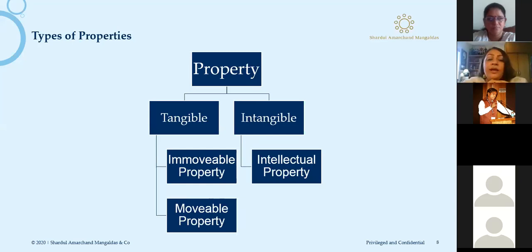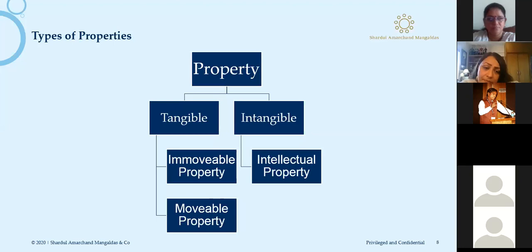So when we are looking at tangible property, you have both movable property and immovable property. Tangible property essentially in India, the act which governs it primarily in terms of the principles is the Transfer of Property Act. And this is an act which gives you a basic overview of what are the kind of laws that apply and what are the kind of mechanics that apply in terms of immovable property and movable property.